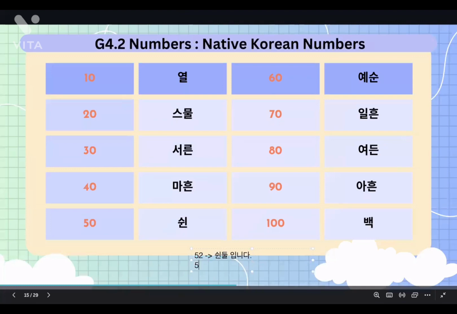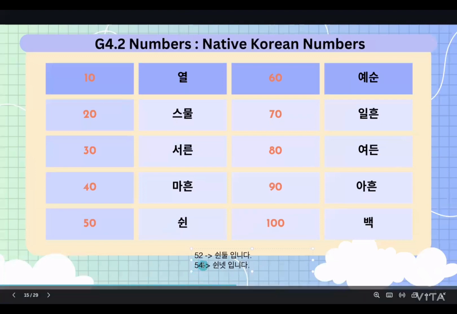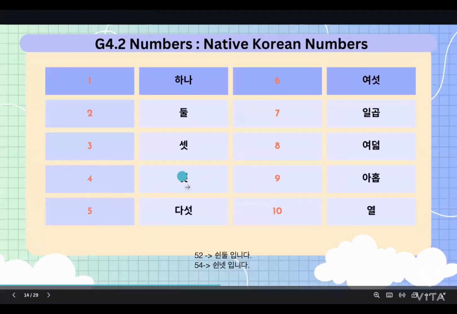Or you can say 쉰 넷입니다. So it is exactly the same. So here, this is 50 plus 4. So you can choose 50, 쉰, plus 넷, so 쉰넷. You can just say 쉰넷이라고 해주면 됩니다.